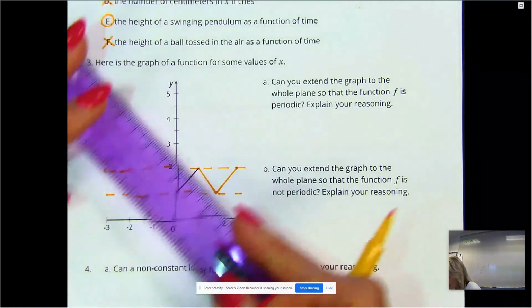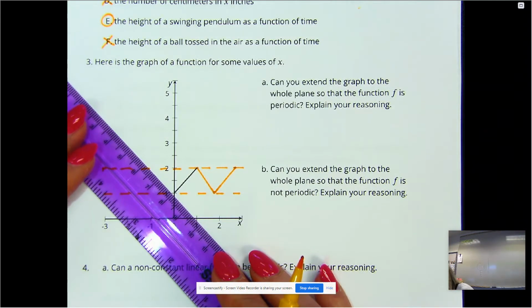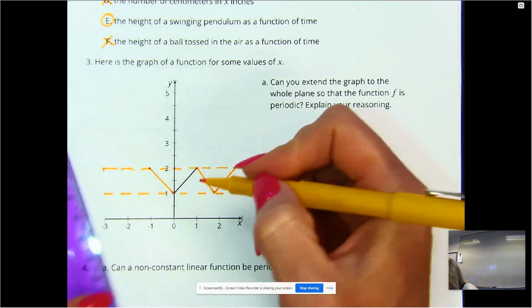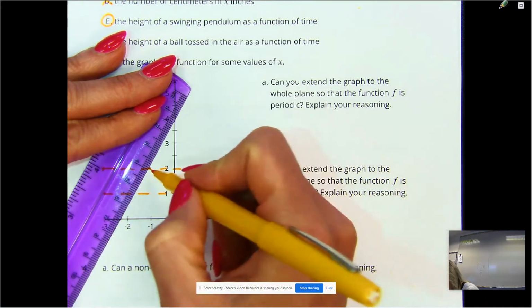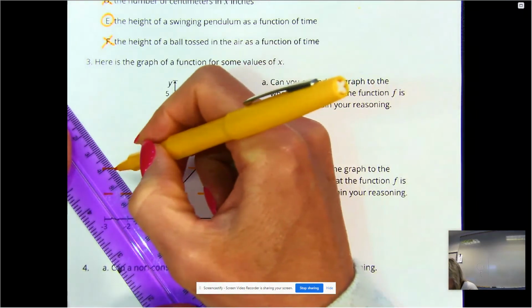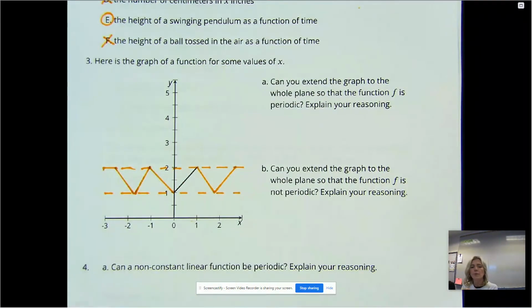Same idea back here. Let's see if I can line this up a little bit better. Maybe there. May have overstretched that one as well, but you get the idea. Assuming that these were all exactly the same going back and forth, that would make it periodic.